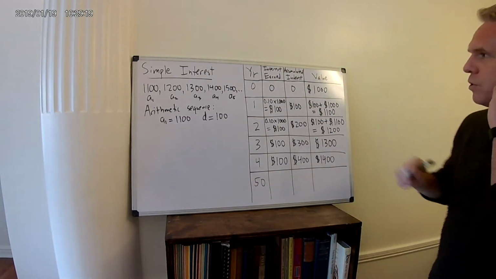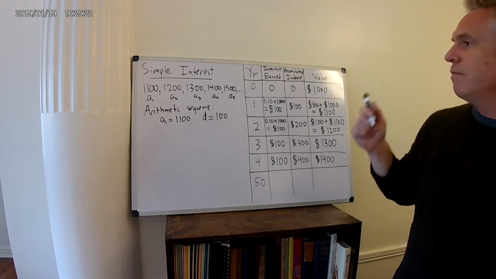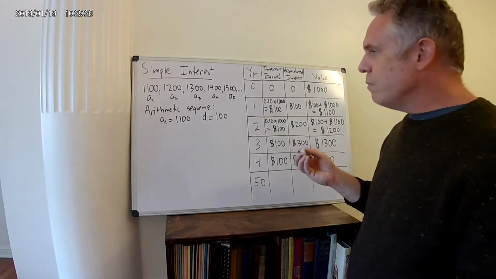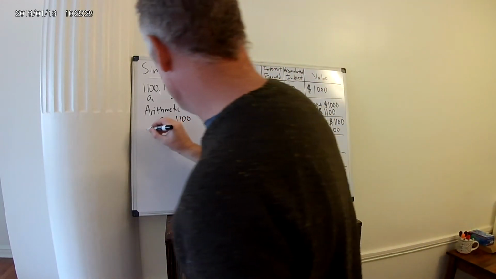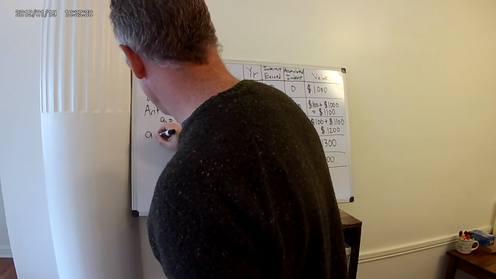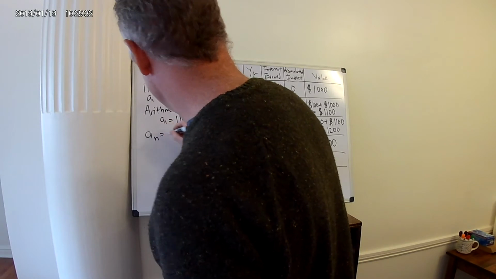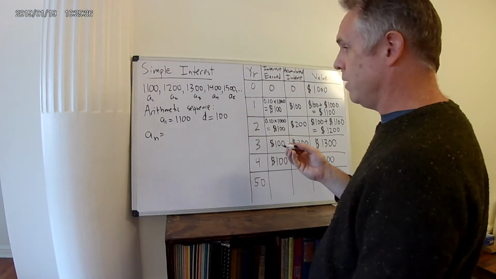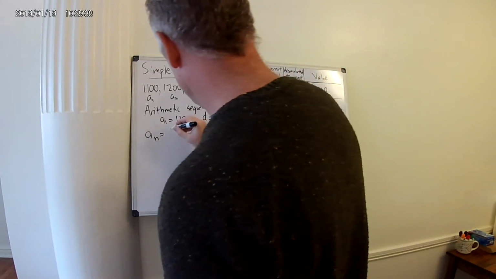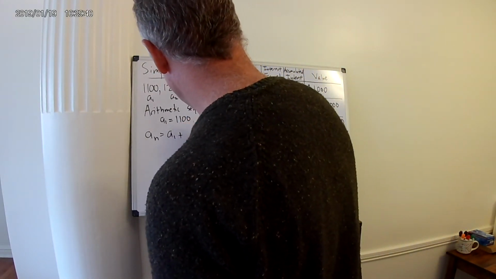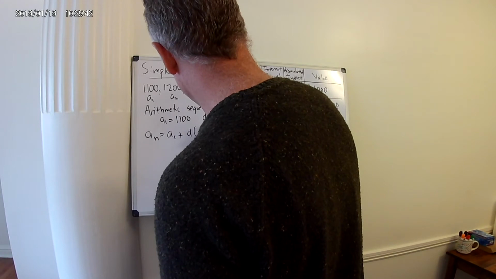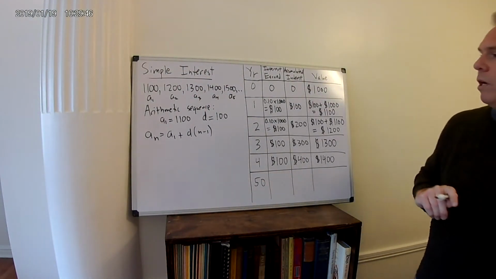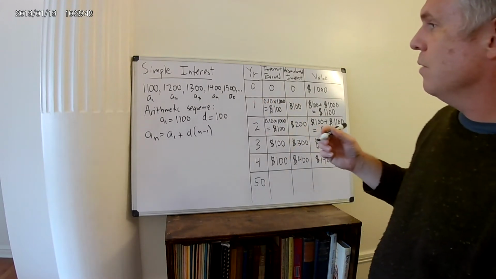So all we have here, a simple interest investment, the values of the investment year by year, is an arithmetic sequence. If you guys remember last class, we derived a formula we can use to calculate the term AN. So if you want to calculate any term of an arithmetic sequence, AN is equal to this simple formula, A1 plus D times N minus 1. So that's a formula we can use, and I want to apply this to this sequence.